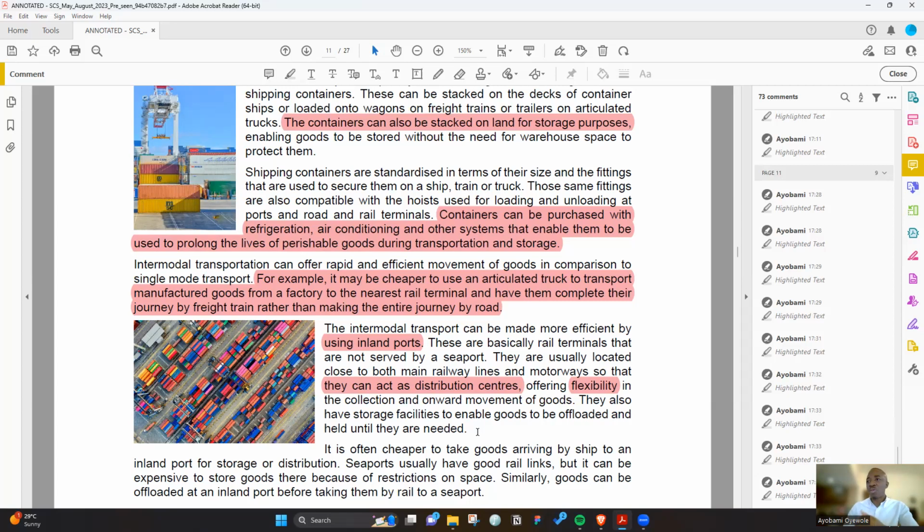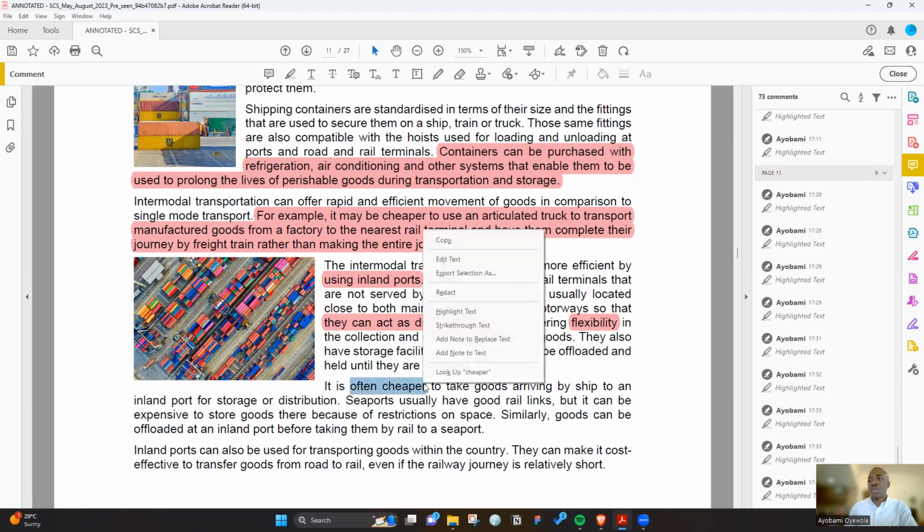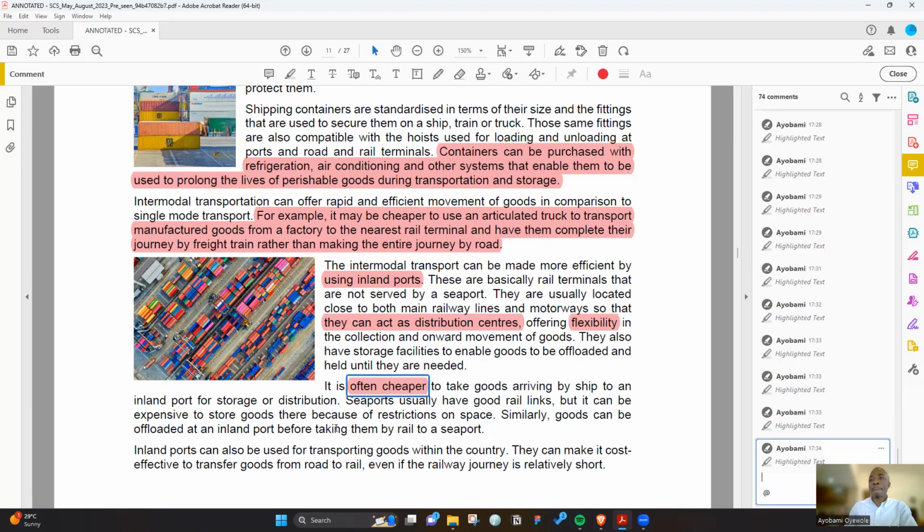These are intangible products that you can include in your services as a 3PL logistics provider so that you can increase your revenue. It is often cheaper to take goods arriving by ship to an inland port for storage or distribution. So that means we can use inland ports to achieve cost efficiency.